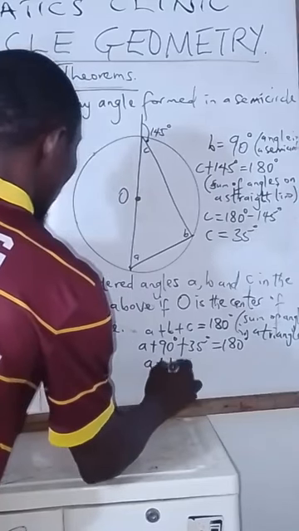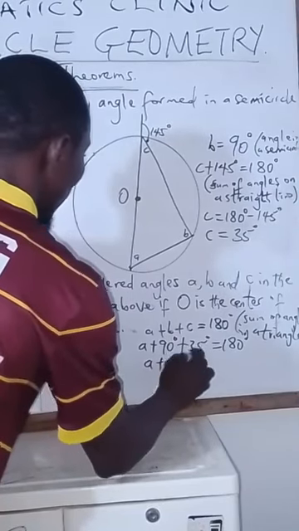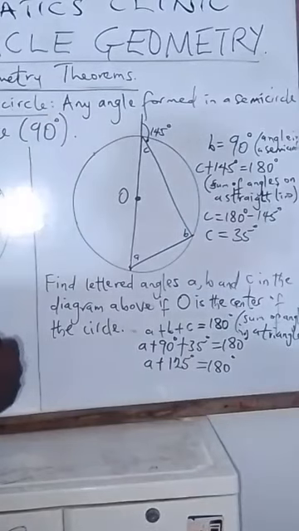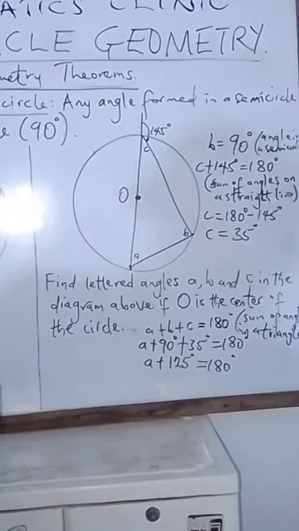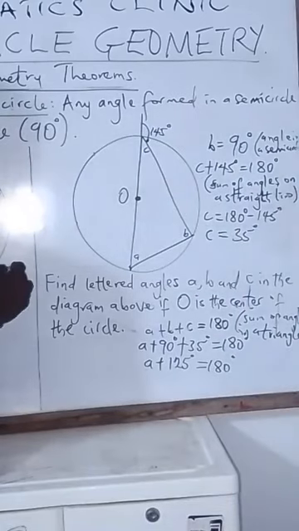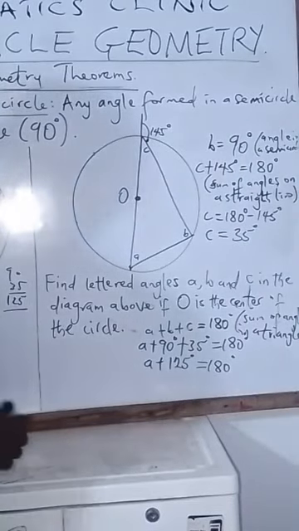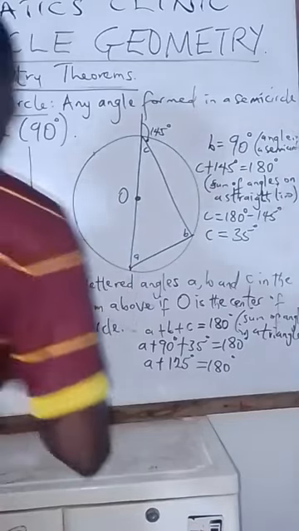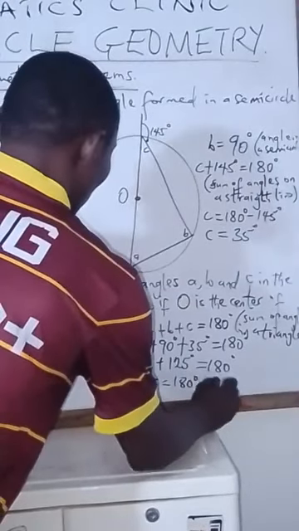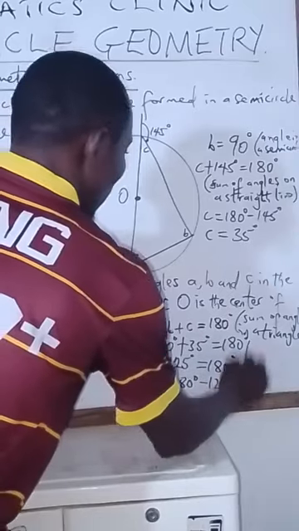A plus 125 is equal to 180. What is 90 plus 35? Yes, it's 125. So what is A then? A is equal to 180 minus 125 degrees.